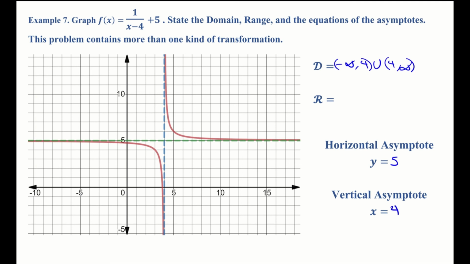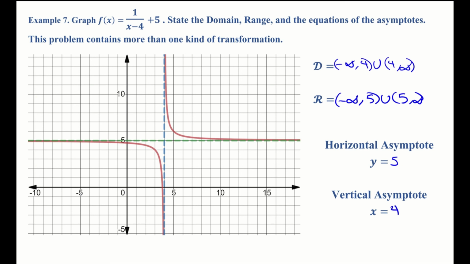The range, of course, will be all y values, but it'll never cross this line, y equals 5. So all y values except 5 will be in the range. So negative infinity to 5 union 5 to infinity.